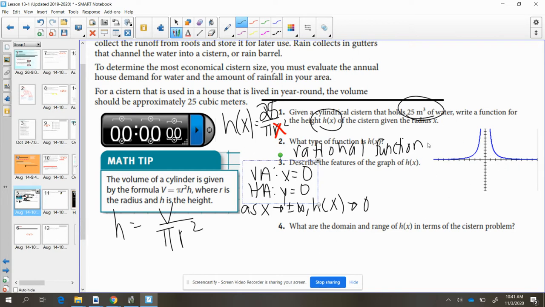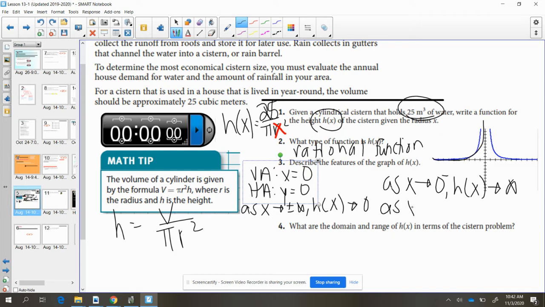Now we also want to analyze what's going on at this vertical asymptote. So as x approaches 0 from the left-hand side, it's denoted by that little negative sign up there, we notice that our graph of this function, h of x, approaches positive infinity, because it's going off the chart there.